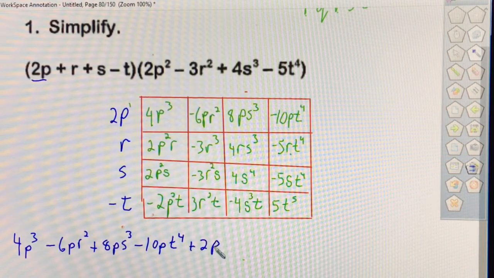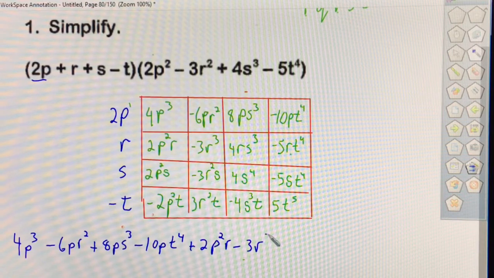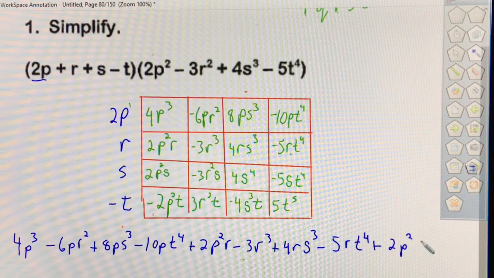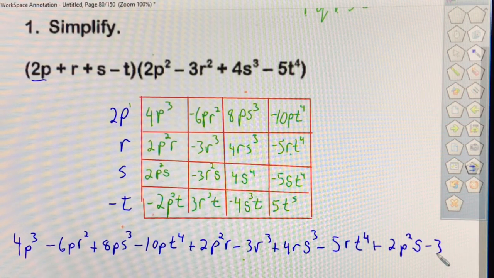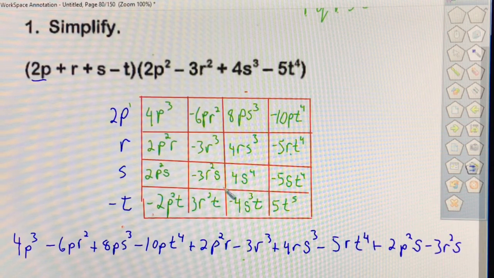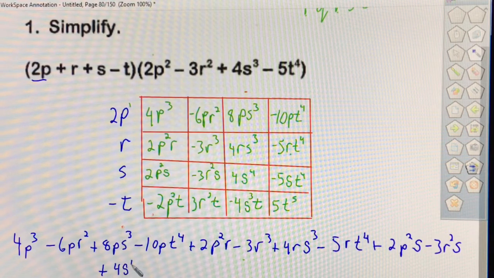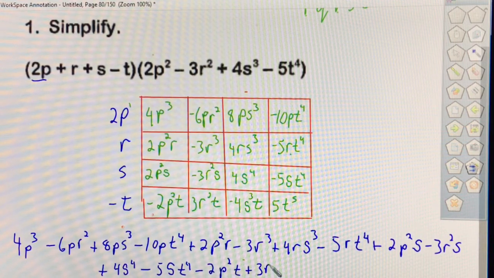Plus 2p squared r minus 3r cubed plus 4rs cubed minus 5rt to the fourth plus 2p squared s minus 3r squared s plus 4s to the fourth. Nothing combining. Can't see anything. Minus 5st to the fourth minus 2p squared t plus 3r squared t minus 4s cubed t plus 5t to the fifth.